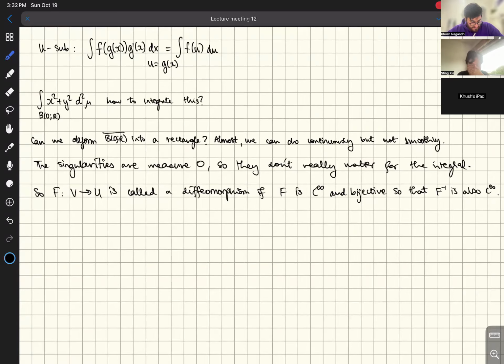Okay, so now one caveat when we do integration is that we'll allow diffeomorphisms to fail up to measure zero sets.